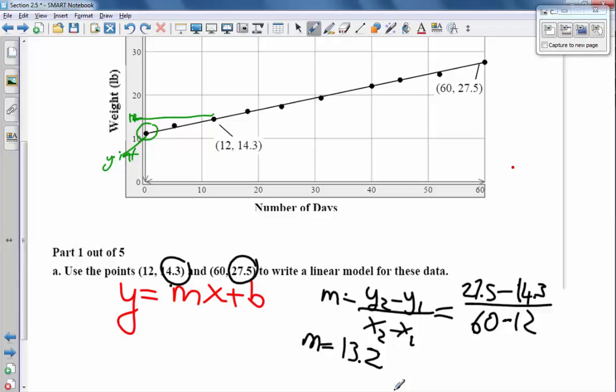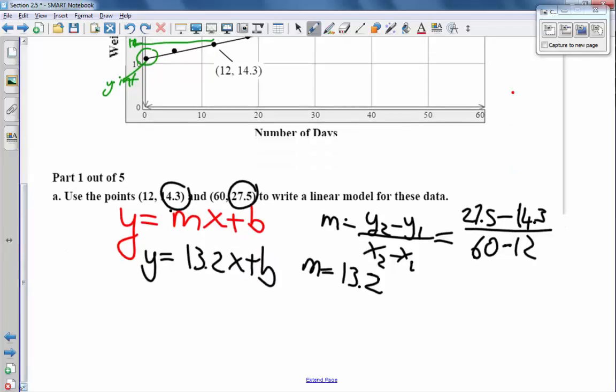Okay, so we have m known now: 13.2 over 48, after reducing. Perfect.